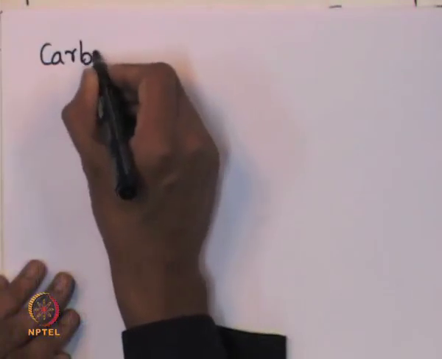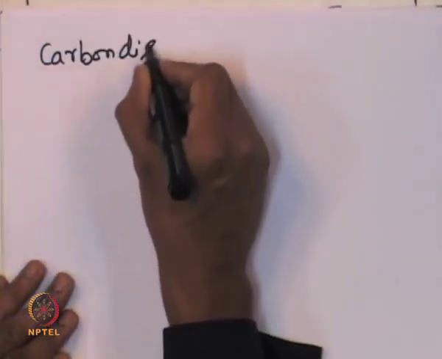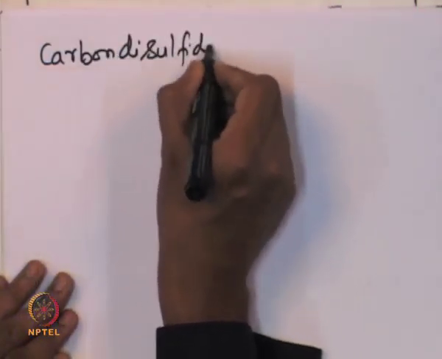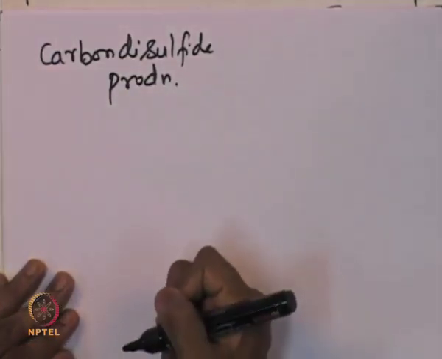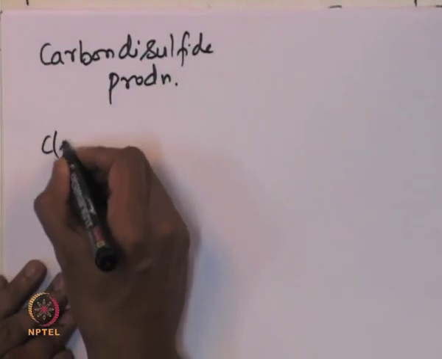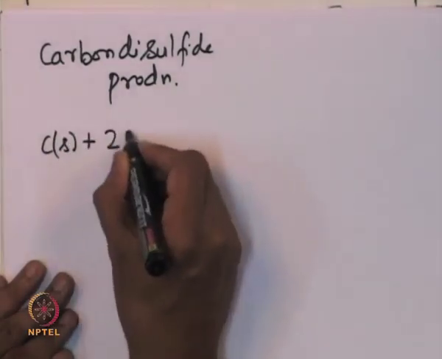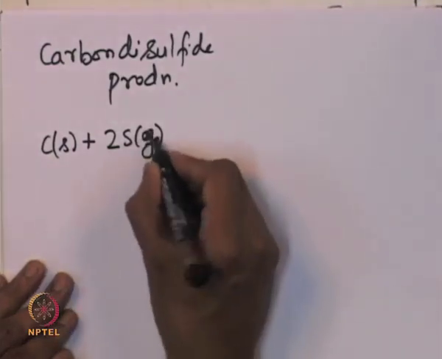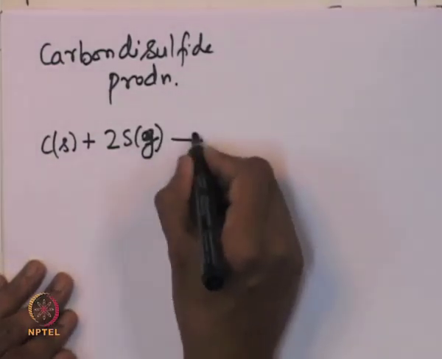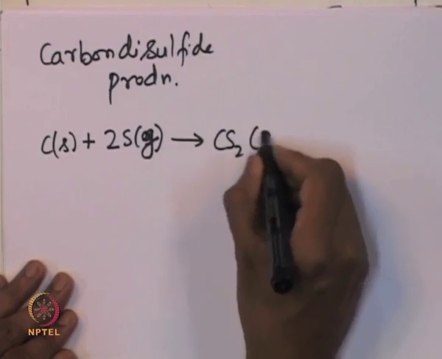A similar process occurs in the manufacture of carbon disulfide. If we look at carbon disulfide production, then the reaction scheme is carbon in its solid form reacts with 2 sulfur molecules, which is again in the gas form, and that leads to the formation of CS2.